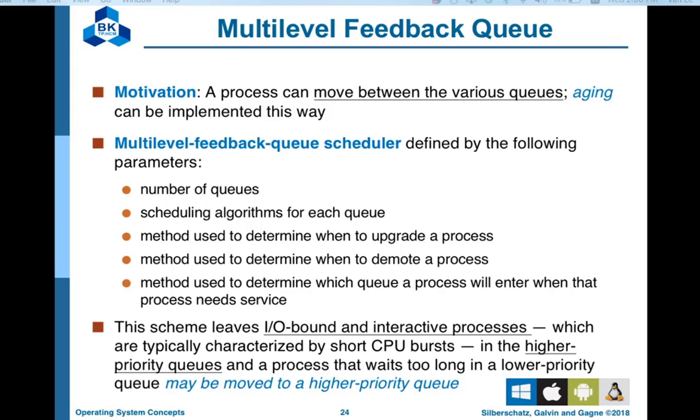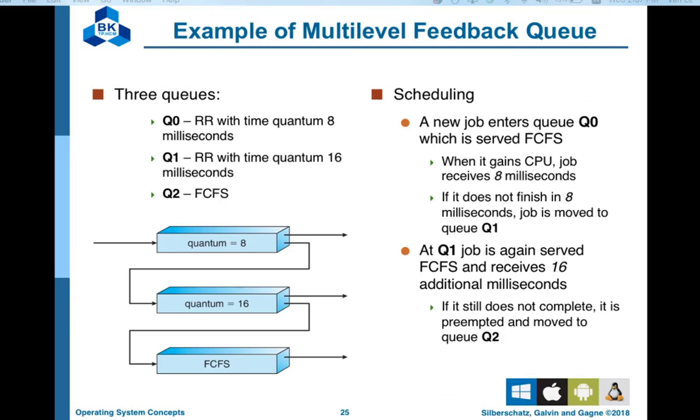It means that if a process waits too long, you can move this process to a queue that has a higher priority to decrease the starvation problem. Here we have an example of the multi-level feedback queue.